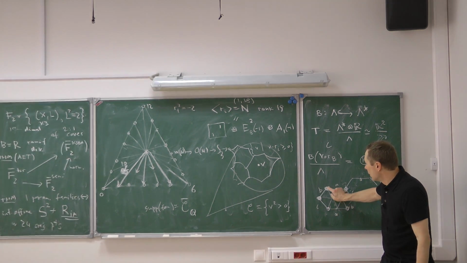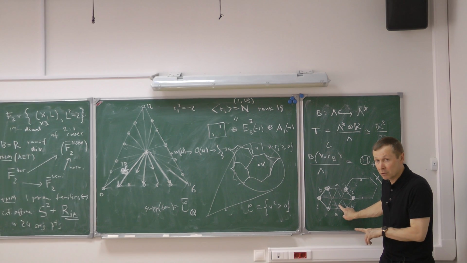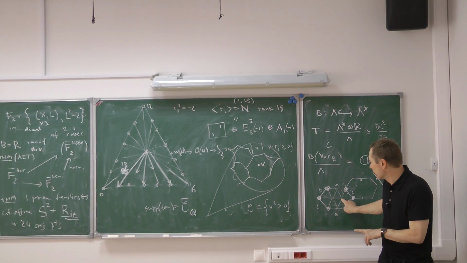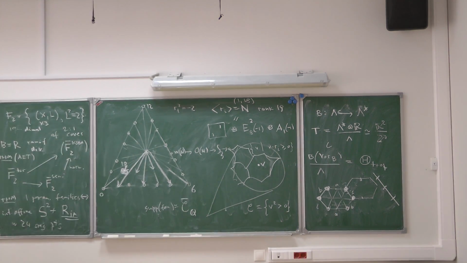On the stable model, only two components, only two P2s survive. Everything else gets contracted. All those irreducible components get contracted. So same here. The only irreducible components which survive are these 18. Or if some collided, then less than 18.